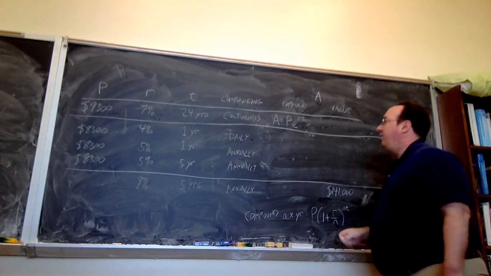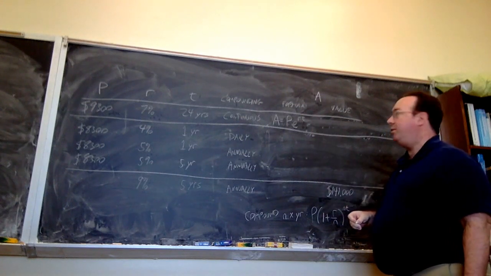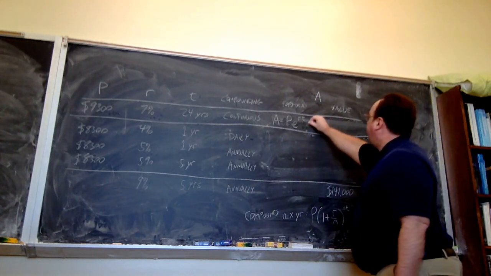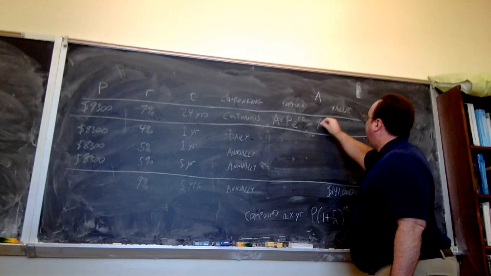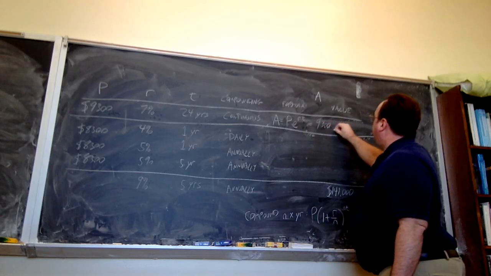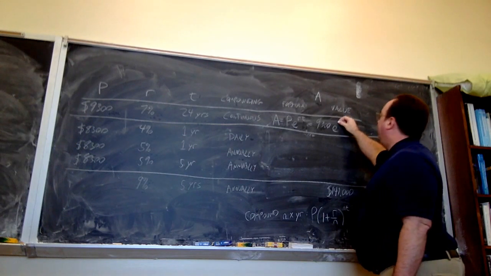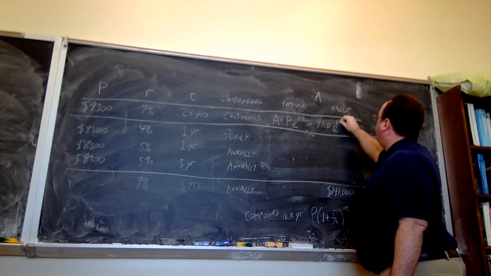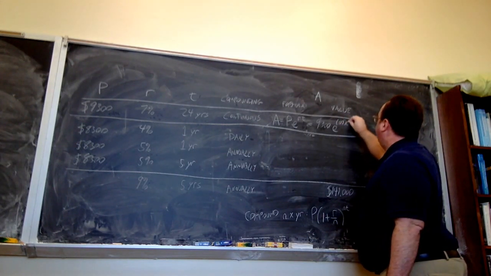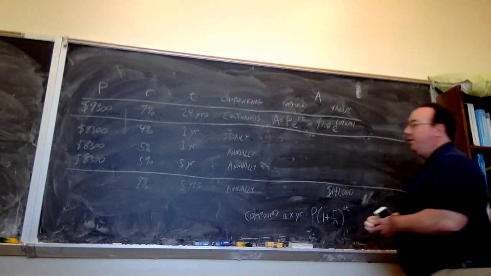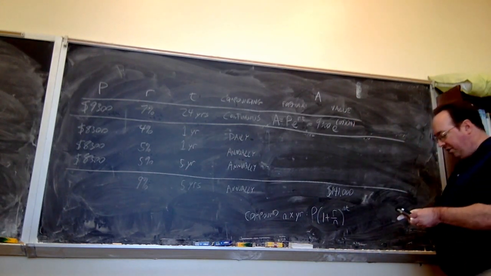So if we go ahead and fill in all the values that were given, the value is going to be 9,300 times e, the base of a natural exponential function, times r, which is 0.07, expressed as a decimal, times 24. At this point, you need to turn to your calculator to work this out.